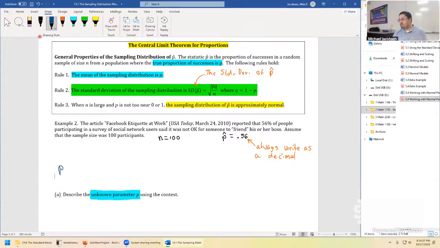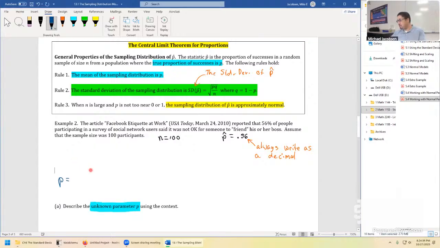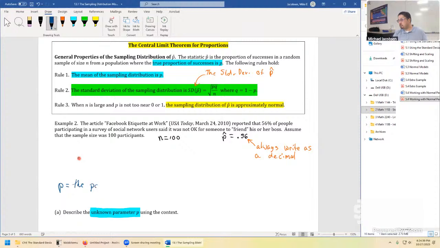Yet, this is how P is going to be described every single time this comes up, and it'll come up a lot. P is going to be equal to the population proportion of, let's put a blank here to carry out the structure.